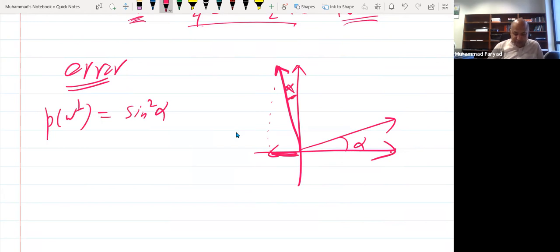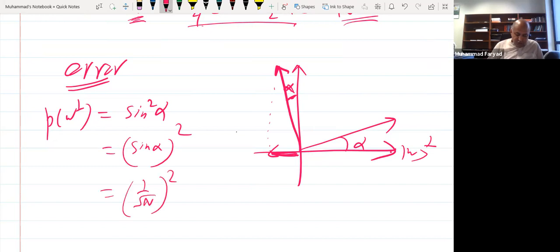Because if this is angle alpha, this vector still has a projection equal to sine alpha, and the probability is the square of this component along the W perpendicular axis. So it is nothing but sine alpha square, and sine alpha was nothing but 1 over square root of n. So your error in the final answer is proportional to 1 over n, which means that if n is a million, your probability of error is extremely small. It's 1 over a million, and this error probability becomes smaller and smaller as n becomes larger and larger.